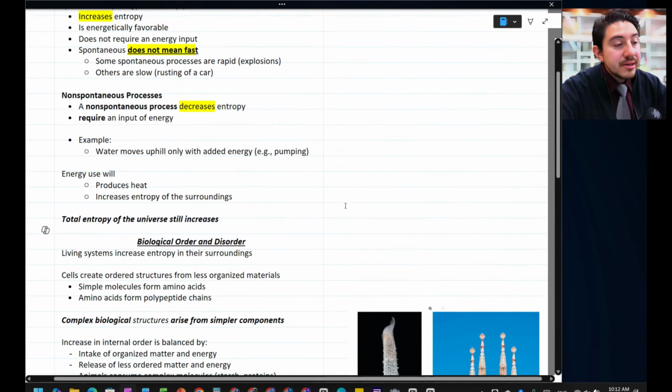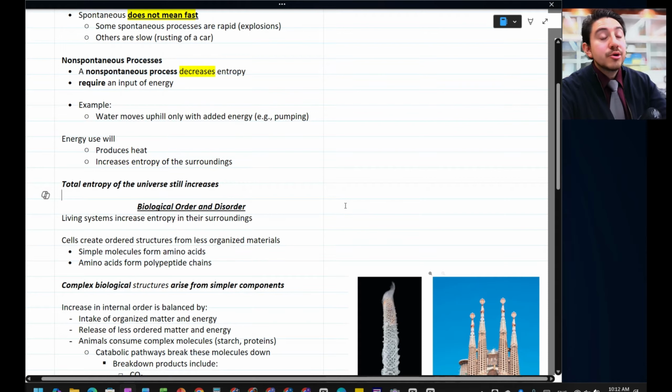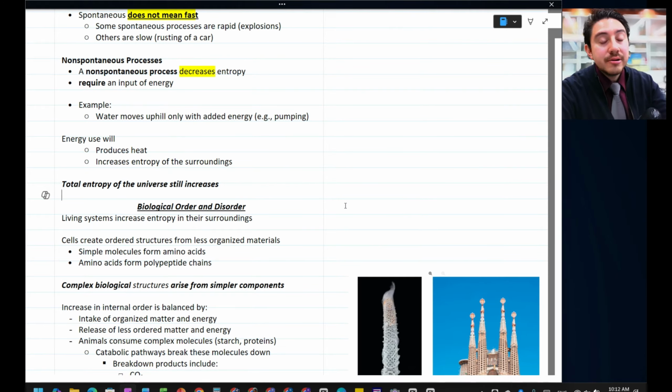And then you have non-spontaneous processes, where they decrease entropy. They require an input of energy. Water moves uphill only if you add energy to it.